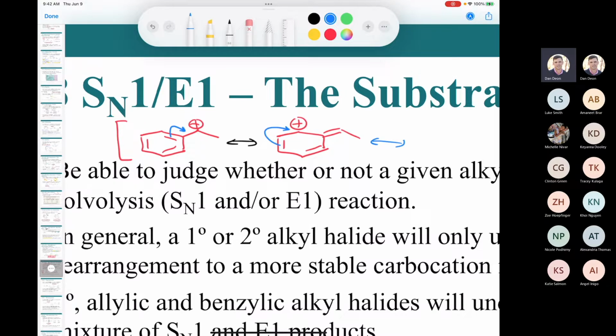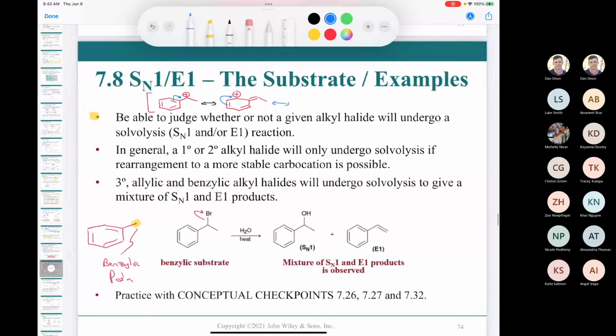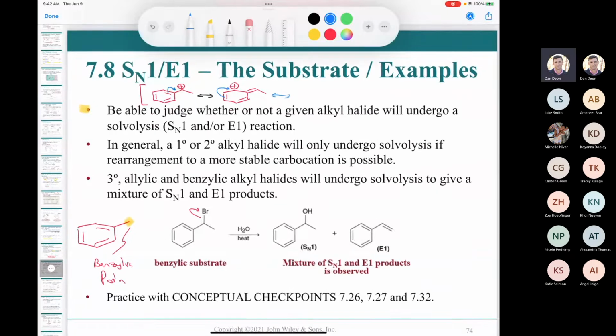So because of that enhanced carbocation stability, it's able to undergo Sn1 and E1 reactions, and so we can end up with a mixture of the Sn1 product and the E1 product. Pretty crazy, huh? But it's something that organic chemists have to be on the lookout for, something that we all have to look out for when we're doing these kinds of reactions.